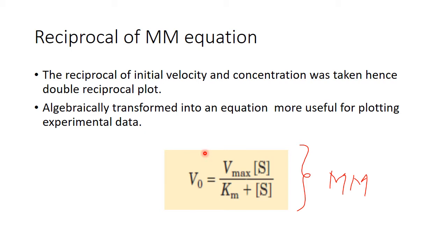Now we come to the reciprocal plot. The reciprocal plot is nothing but the left hand side is reciprocated, that is 1 by V, and the right hand side is reciprocated, that is 1 by S, as given in the figure of the Michaelis-Menten equation.